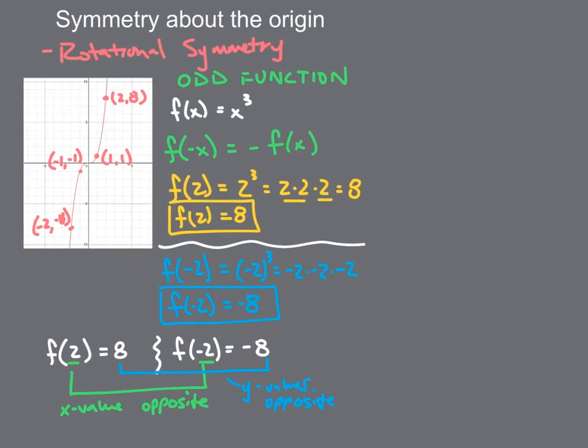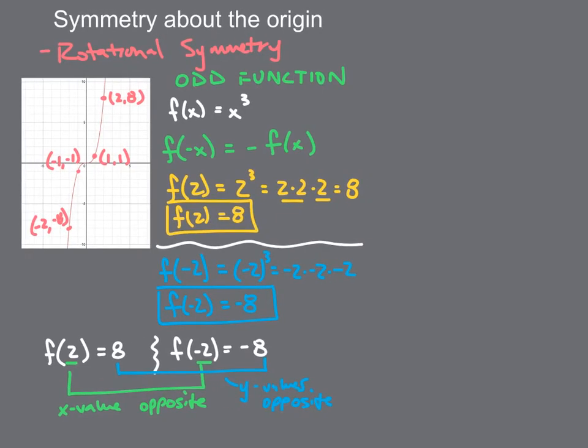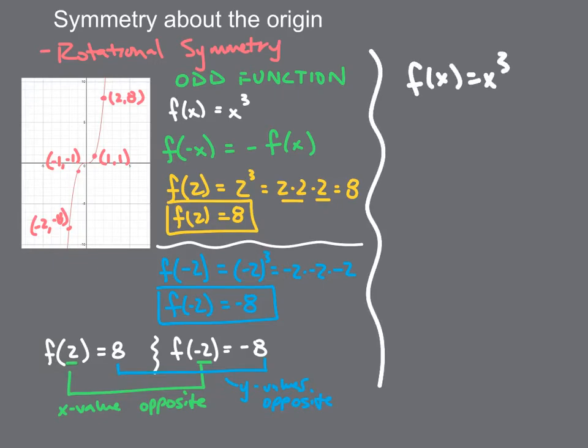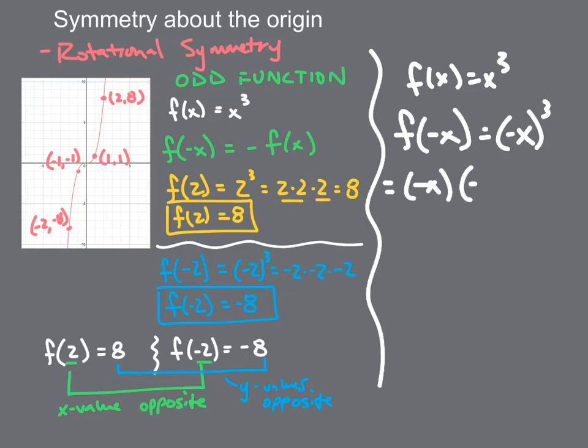All right, now by definition, what I can do is, given this function here, f of x equals x cubed, if I plug in negative x into that, then I'm going to have negative x quantity cubed, which means I'm going to take negative x times negative x times negative x.